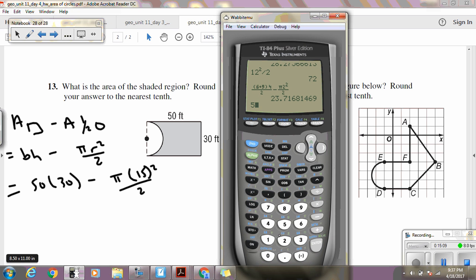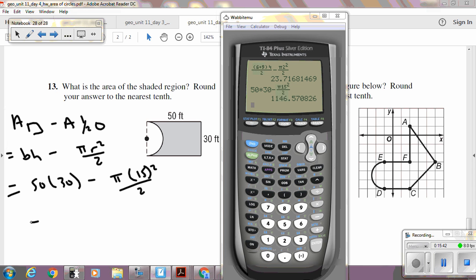So 50 times 30 minus pi 15 squared over 2. So 1146.6 is my area. Feet squared.